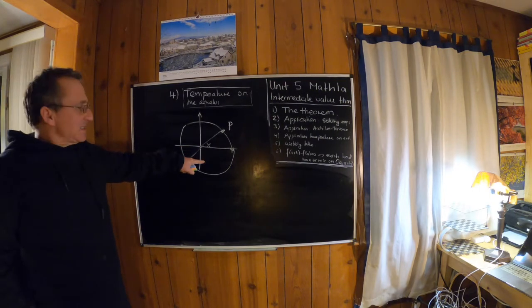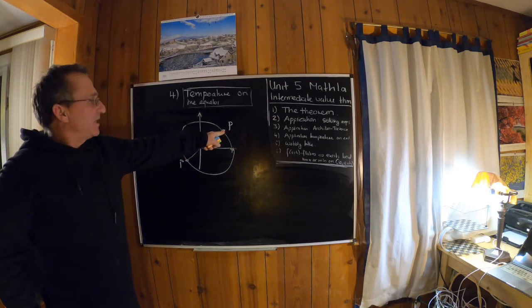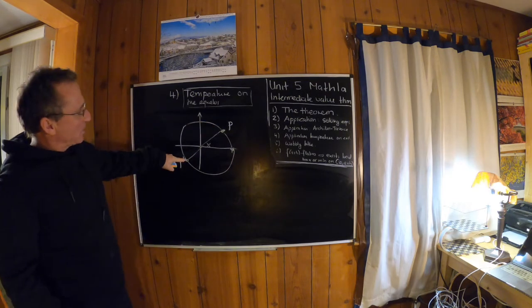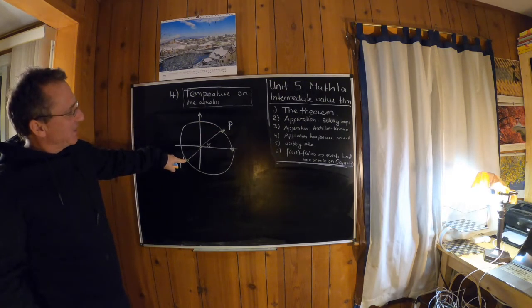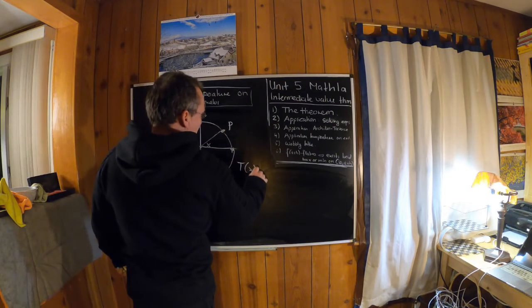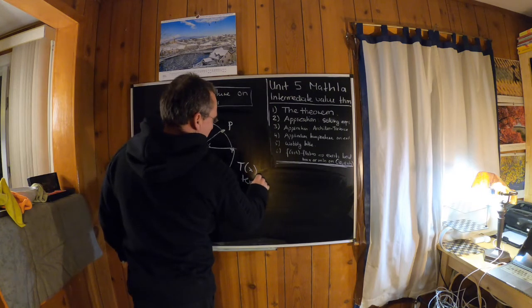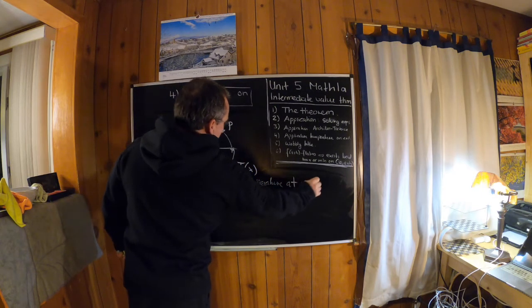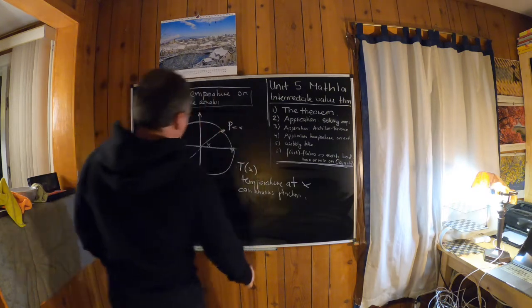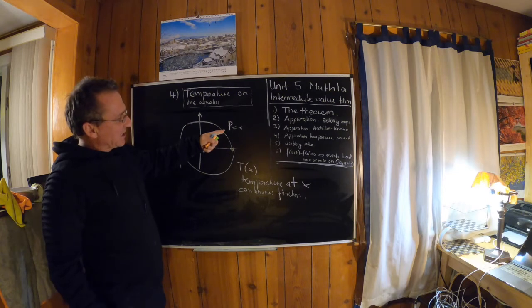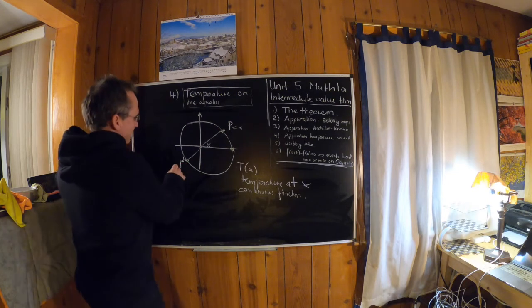Okay, let's assume this is the Earth and this is a point on the equator. This is the opposite point on the opposite side here. We claim that when we have a temperature distribution, T of x, the temperature at the point x, there exists an x such that the temperature at the point and at the opposite point is the same.